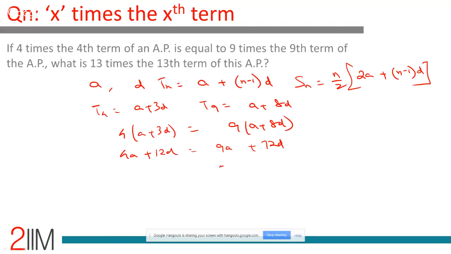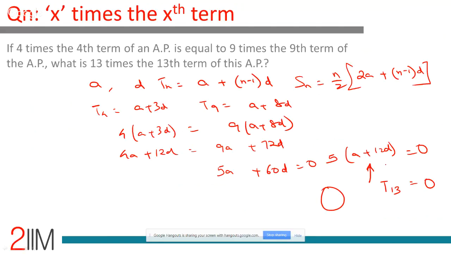Or 5A plus 60D is equal to 0. 5 times (A plus 12D) is equal to 0. What is A plus 12D equal to? A plus 12D is nothing but the 13th term. This tells us the 13th term is 0. We are looking for 13 times the 13th term, which is 0.